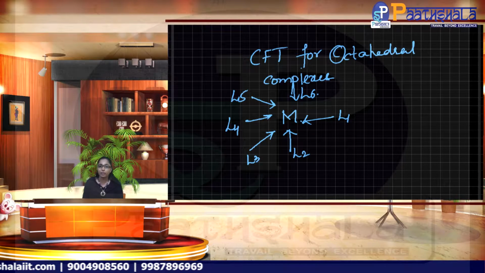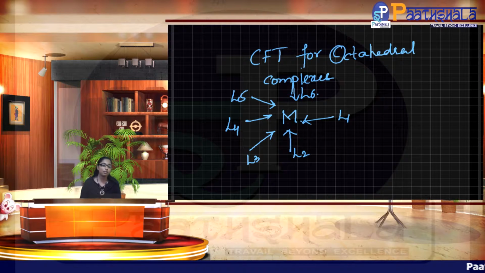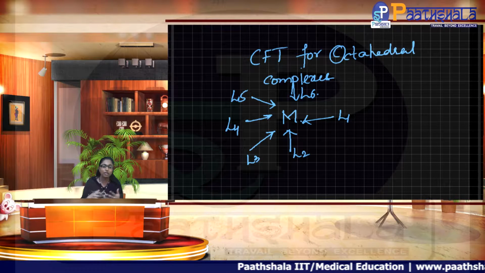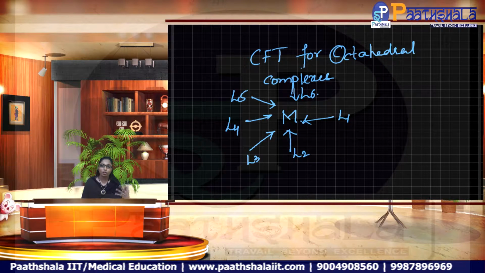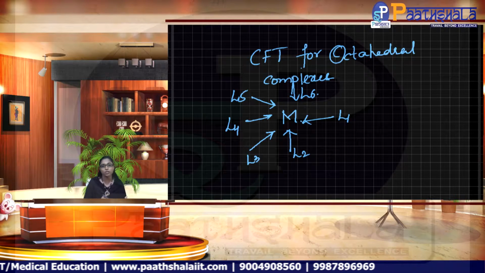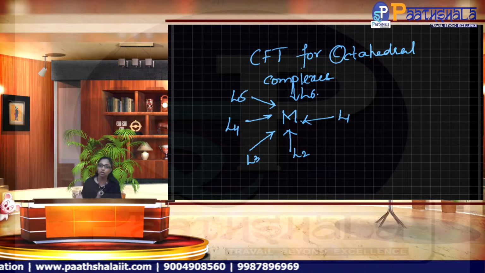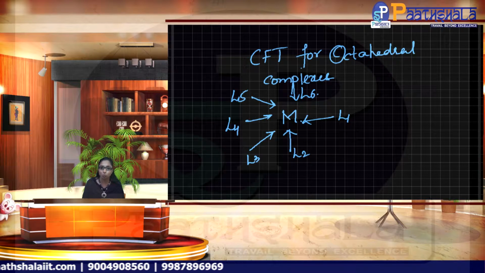Now, one very important consideration that the crystal field theory takes is that it treats everything as point charges. So, typically, we are dealing in terms of electrostatics. The metal atom is considered as a point charge, and all the ligands are also considered as point charges according to crystal field theory.